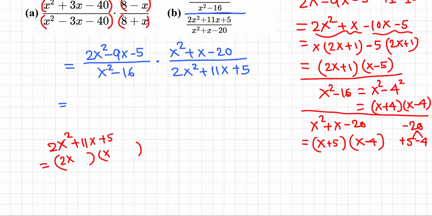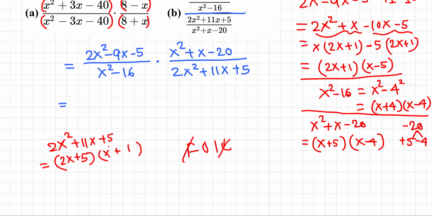Now the 5, the only way 5 factors is 5 times 1, and all positive here. But this factoring may not be correct. We will need to FOIL and check. We don't have to worry about first and last terms because 2x times x is 2x squared, 5 times 1 is 5. We need to get 11x by outer and inner.